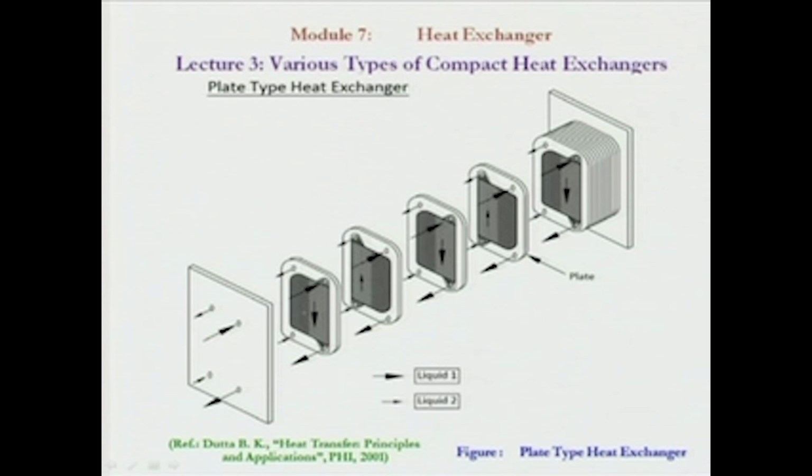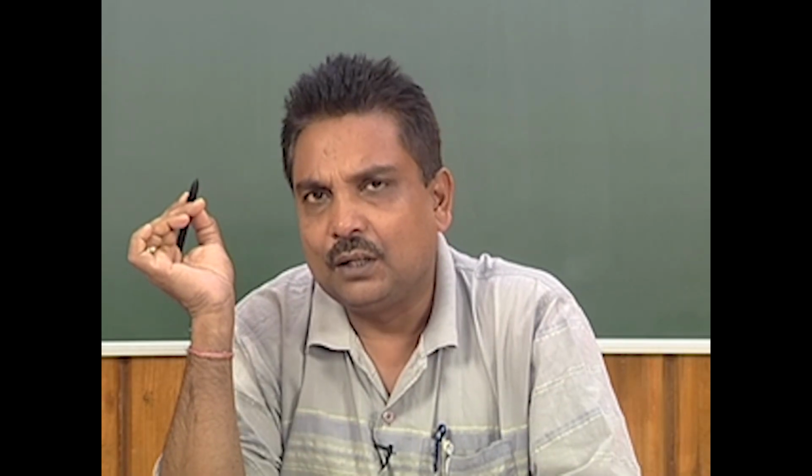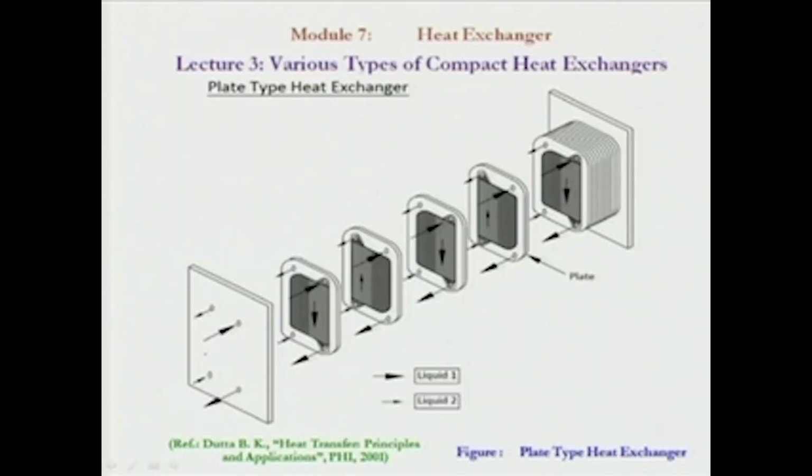There can be different kinds of flow arrangements in plate type heat exchangers. We cannot go into so much detail, but this is a typical example. In this case, liquid 1 goes through this hole and comes through this side, and another one comes like this, and then it goes.